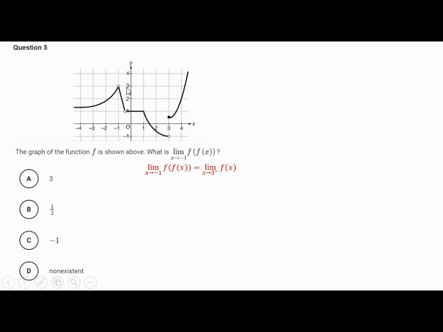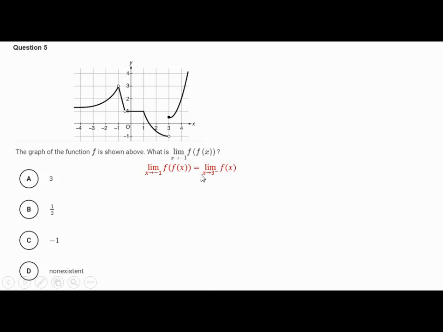So now that this y value is turning into an x value, so I can apply my limit to the outer f of x, we need to see that we are really approaching this from the left, or values that are less than 3. And so that's why I rewrote this limit expression to be x going to 3 from the left of f of x.